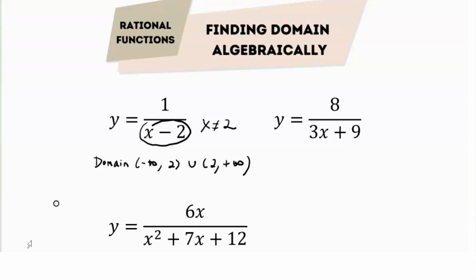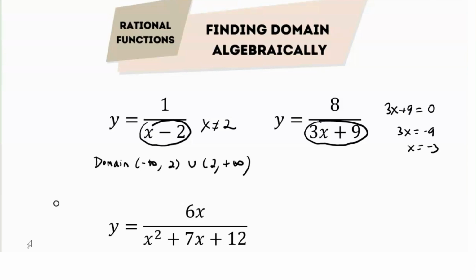Okay, next we have 8 divided by 3x plus 9. Same thing here, I don't want to divide by 0. So what I'm going to do is set the denominator equal to 0. So I'm going to set 3x plus 9 equals 0, and then I would get x equal negative 3.